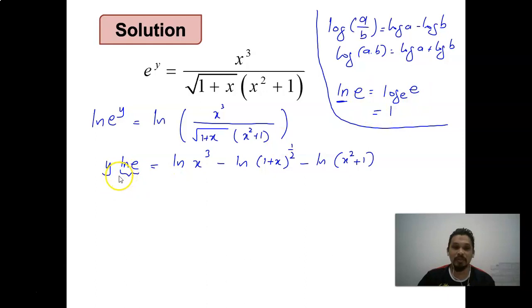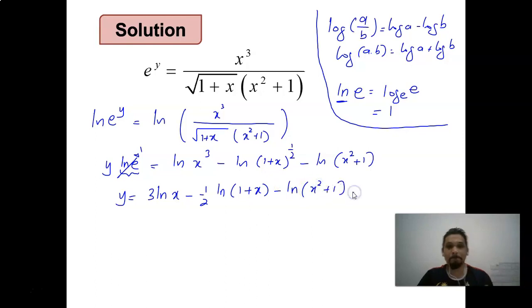So we come to the conclusion that ln e equals 1, then y equals, using log's rule, bring these 3 to the front, 3 natural log of x, minus 1 over 2 natural log of 1 plus x, and minus natural log of x squared plus 1.